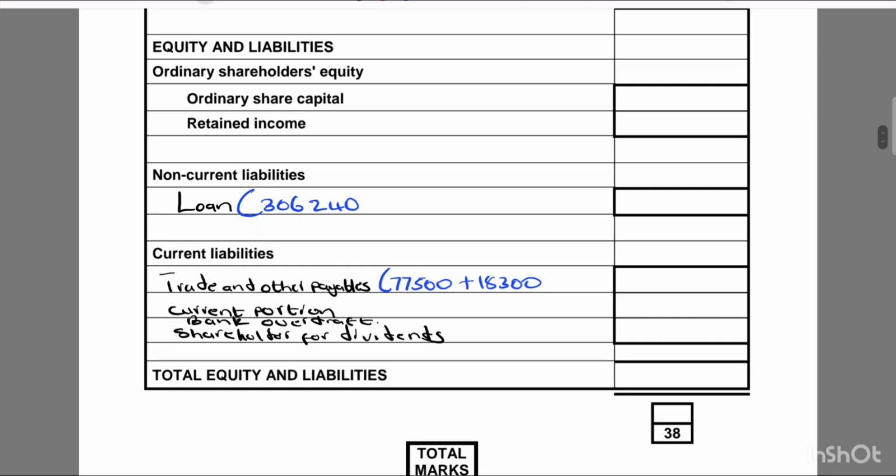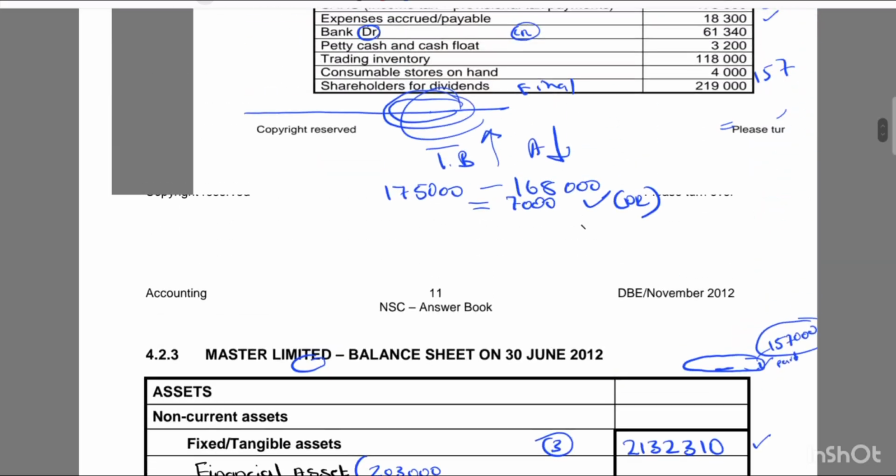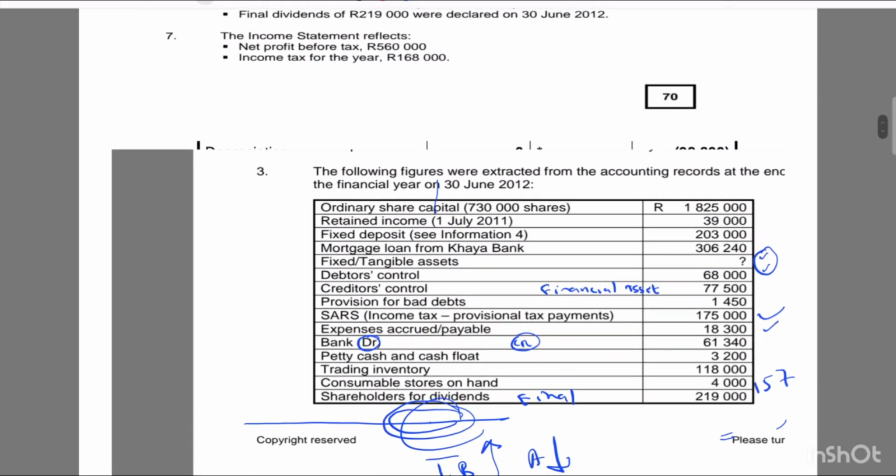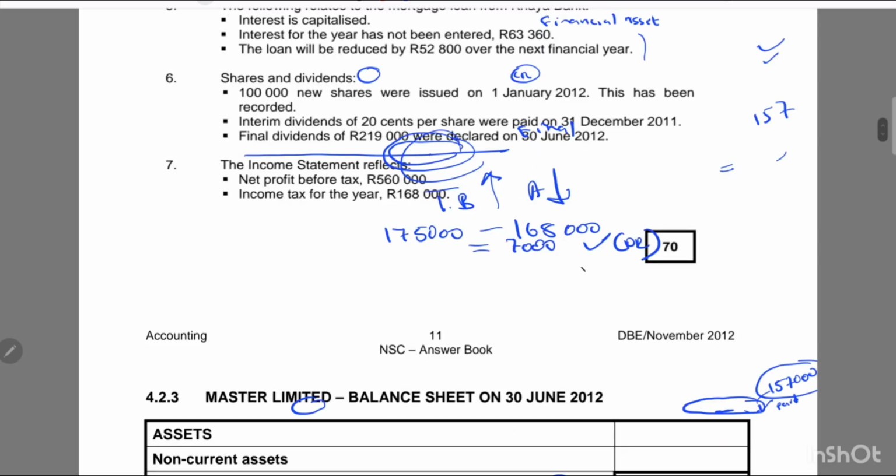It must be shown under current liabilities now, because we are still owing. Then we are done with the recording of what we are given. Then now we can go to our information now.